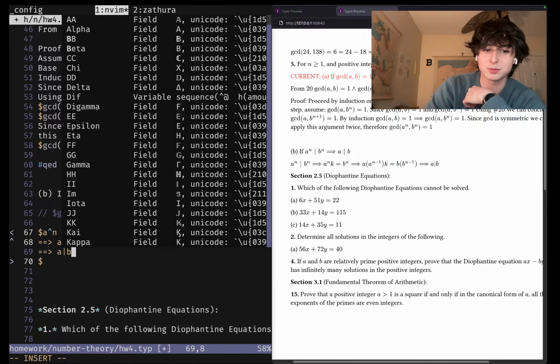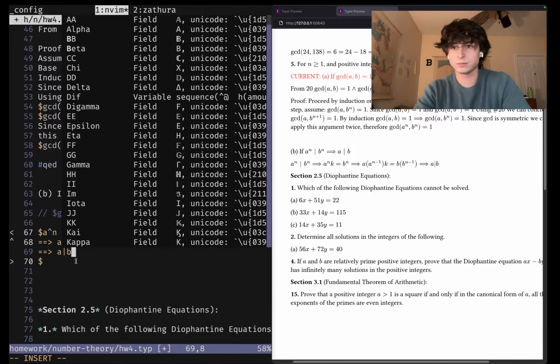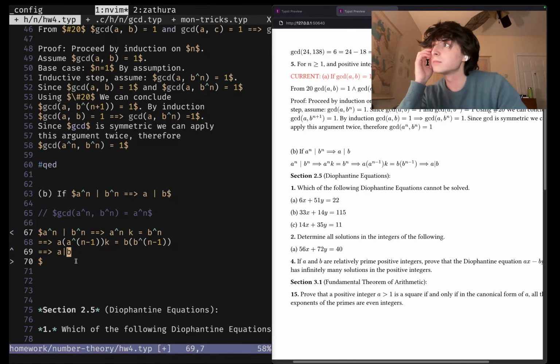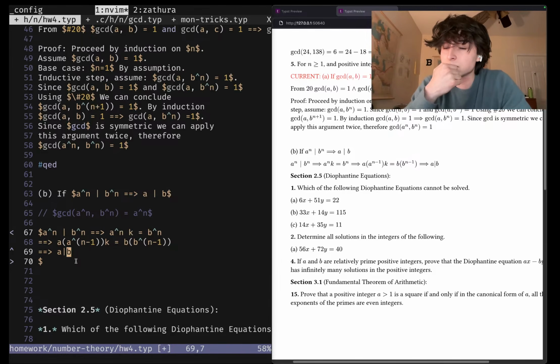Tough that we can't use primes. Or maybe induction again.